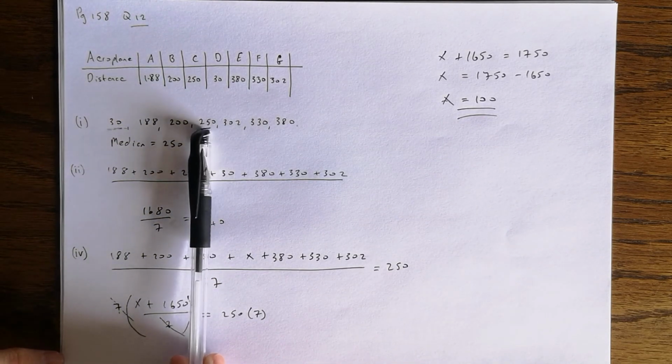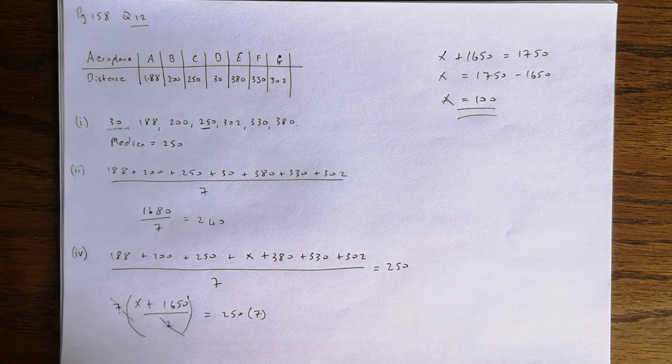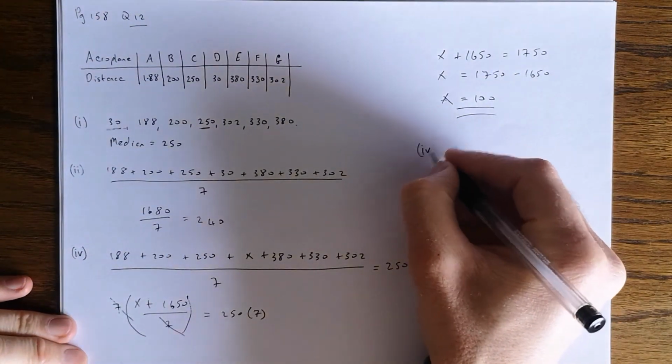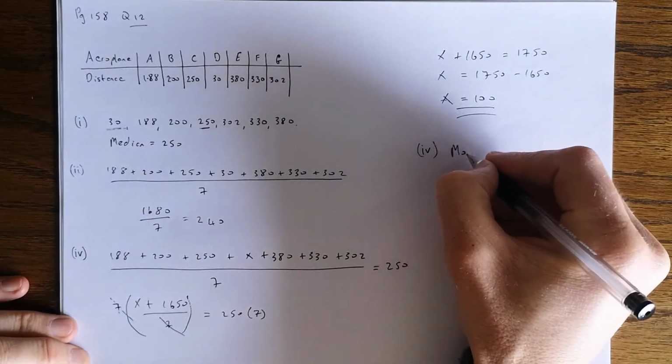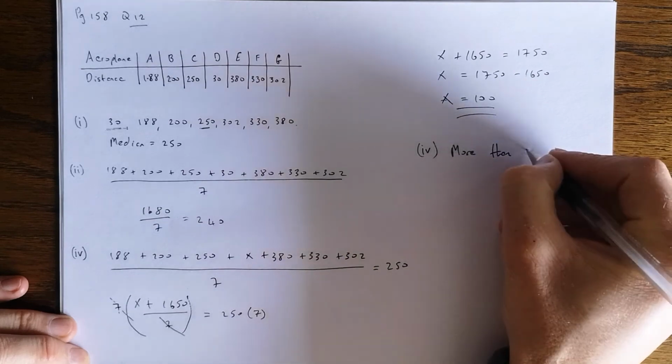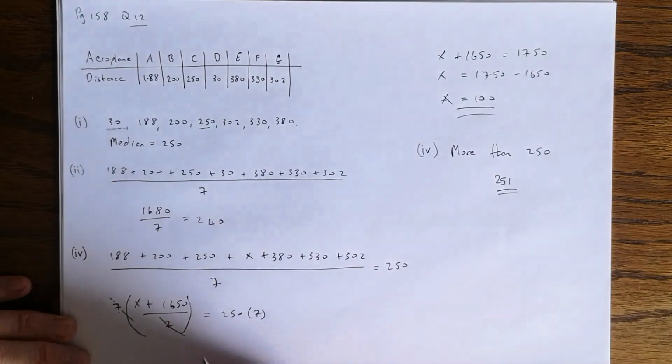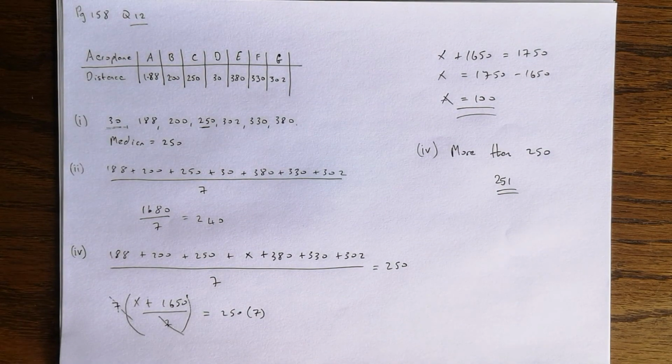If the median was to change, the median 250 can't be the fourth number anymore. So it must have gone more than 250. So the minimum distance would be more than 250, or 251 if you want to keep it as a whole number, but anything more than 250.